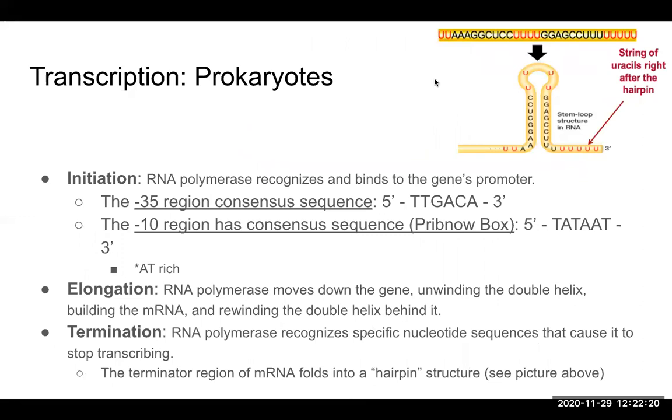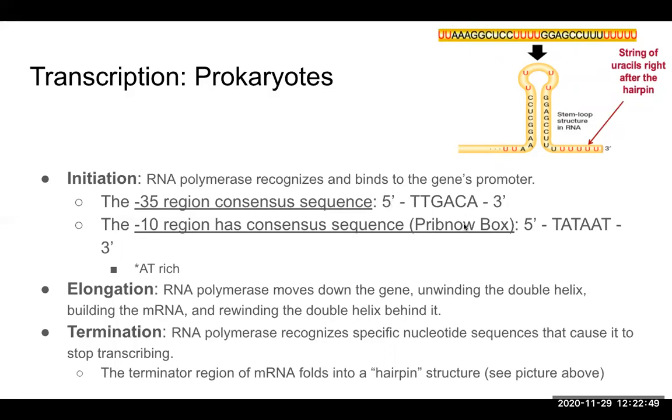Getting into specifically prokaryotes, their initiation begins when RNA polymerase recognizes and binds to the gene's promoter. The promoter region is characterized by the, upstream, minus 35 region consensus sequence, so your 5' to 3' TTGACA.